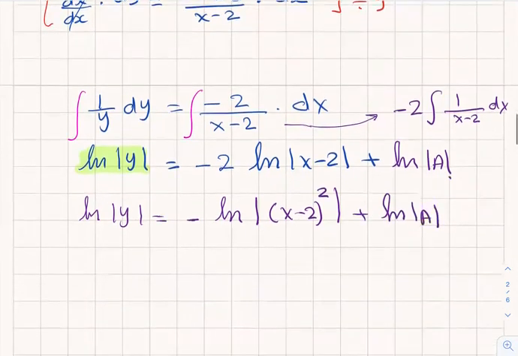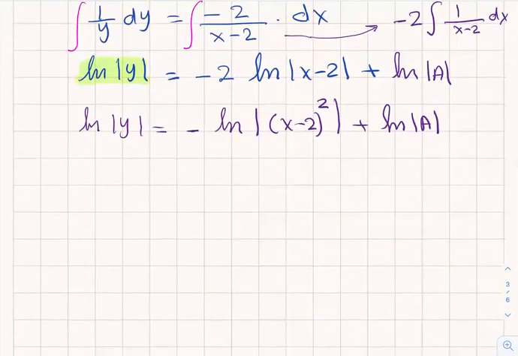So now we can look at them. We have minus ln and plus ln a. So we can deal with it using the rules of the ln. We can say this in terms of one ln. We can write it as ln a over x minus 2 squared.